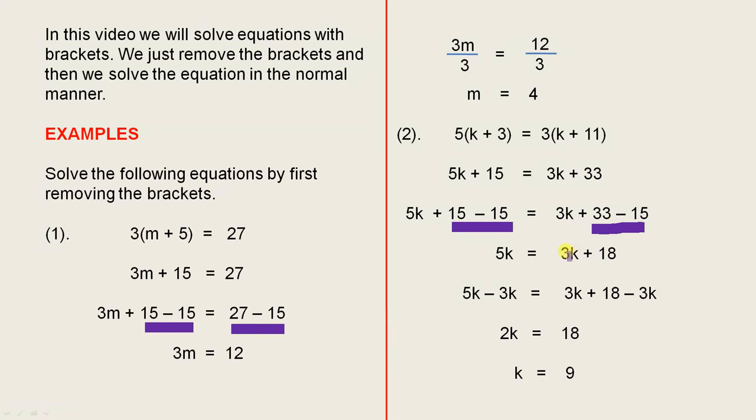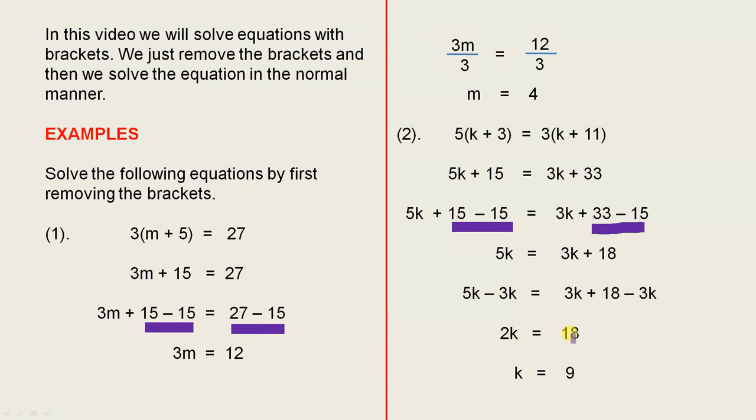Now, to remove this term from the right-hand side, we subtract 3k from both sides. So that gives us 5k minus 3k equals 3k plus 18 minus 3k. When that is simplified, that gives us 2k equals 18, because 5k minus 3k is 2k, and when we simplify that part, we get 18.